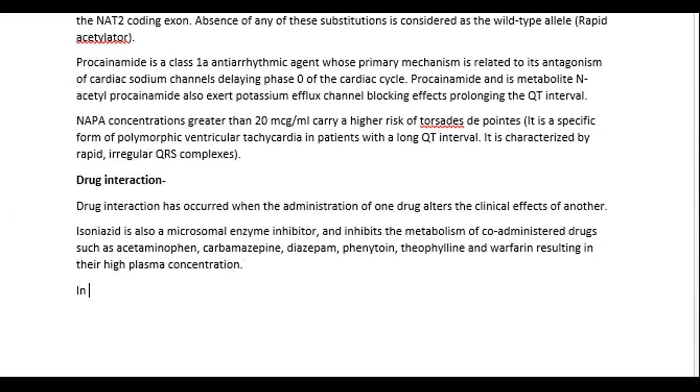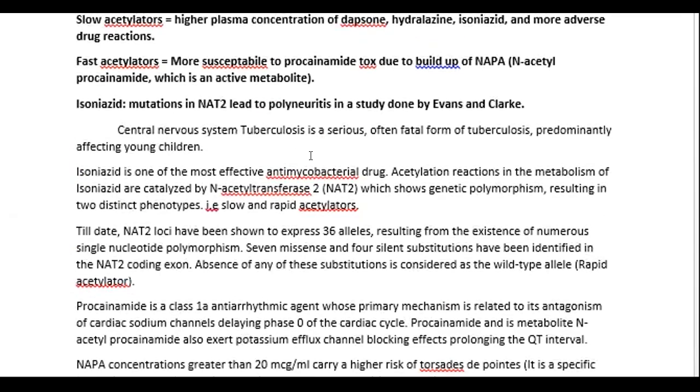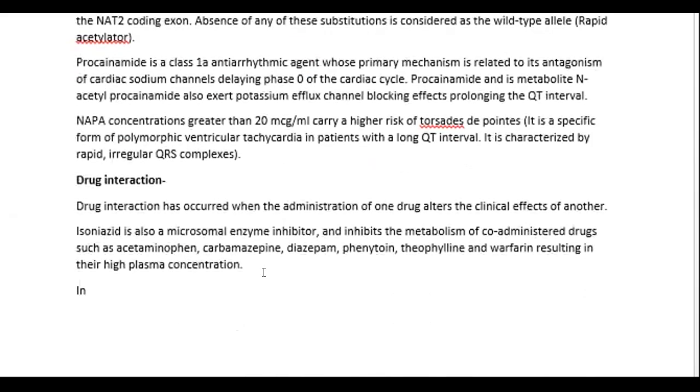As we discussed in case of tuberculosis affecting the brain, the cerebral or central nervous system tuberculosis, the patient may present with a symptom like seizures, right?